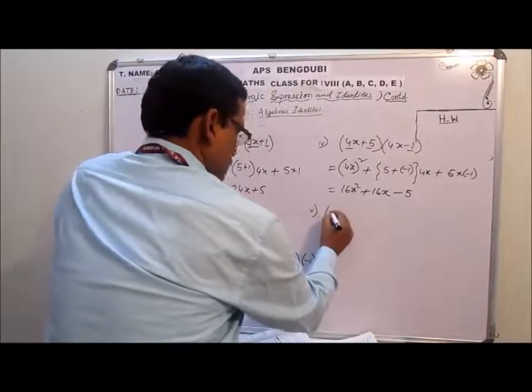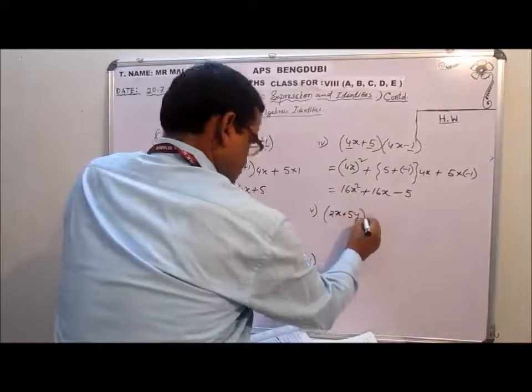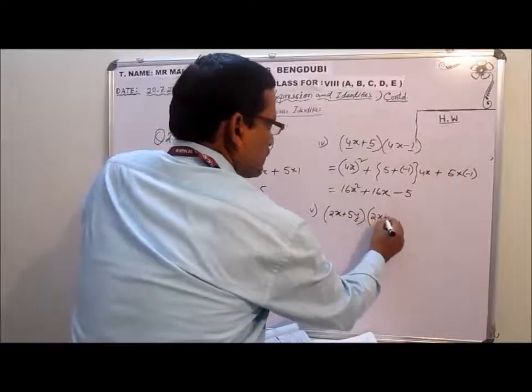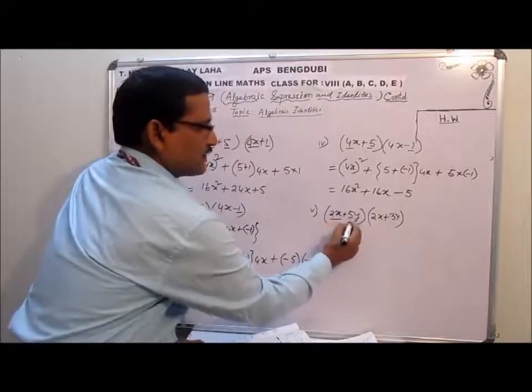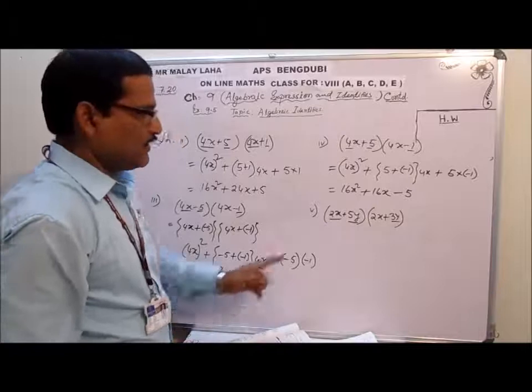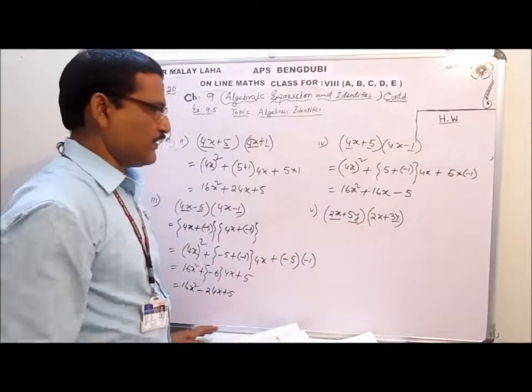Now next question, both are positive, you will not face any problem. (2x + 5y) into (2x + 3y). So this is x, this is a, this is b. Are we clear? The first part is x, common, and a and b are the two different terms.